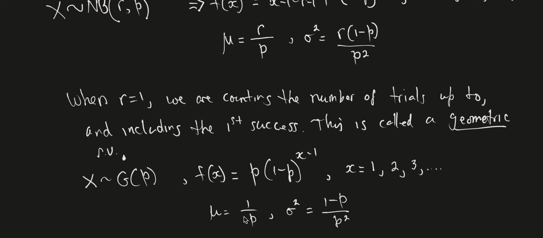If the probability of success is big, meaning close to 1, like 0.9 or 0.95, then the reciprocal of something like 0.95 is just a little over 1. So you'd expect to do the experiment once or twice in order to see that success. At least intuitively, this formula makes sense.